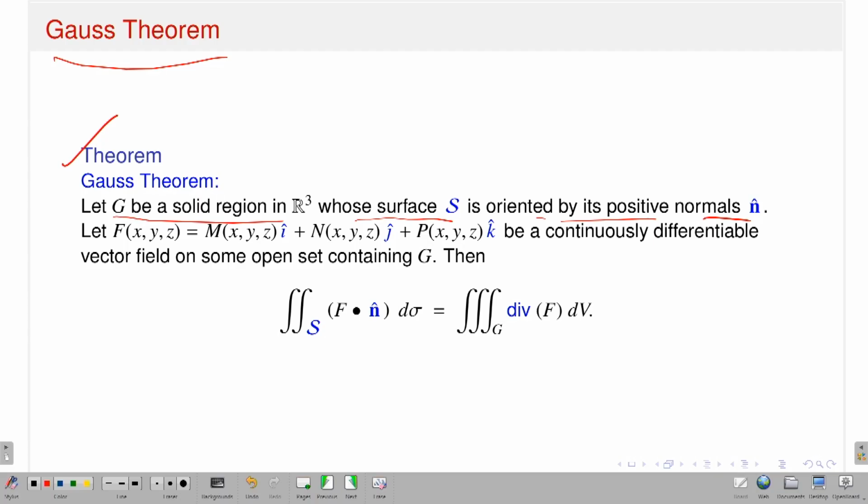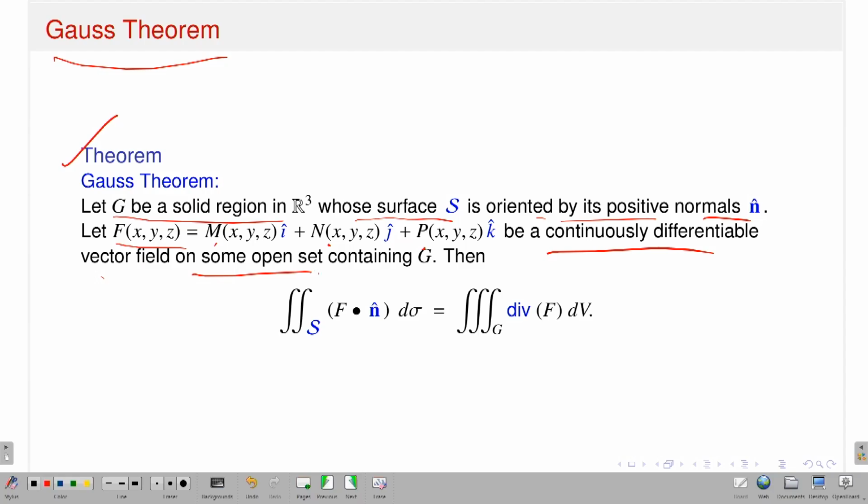So that means you start with a solid region in R3 and it will have a surface S. Suppose it is oriented positively, that means the normal is pointing outward. Okay. And then you start with a vector field capital F, a nice vector field, that means it will have components capital M, capital N and P. It is continuously differentiable, that means it is differentiable and the derivative is continuous.